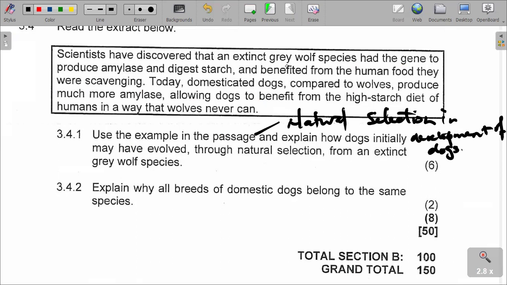So an extinct gray wolf population scavenged human camp waste in maybe some places, and then mutants carrying extra amylase gene copies digested starch efficiently and thrived, reproduced, while the low amylase wolves starved.